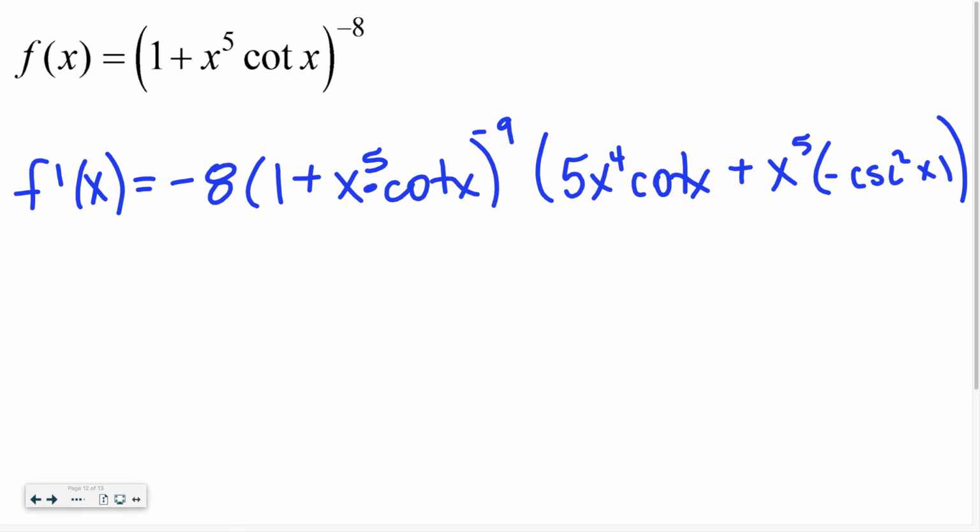So here's the deal. I imagine your homework is going to start pretty soft, okay, with some simpler ones. And as you go through your homework, they might get a little bit more complicated. Really take a step back and think, what is going on here? Is it a composition? What's inside, what's outside, okay? If it's not a composition, you don't need the chain rule, okay?